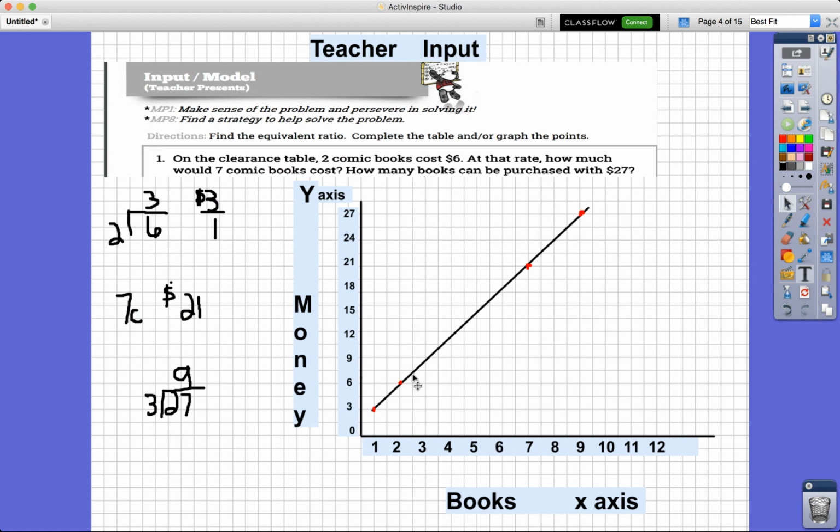These points, they're not vertical or horizontal, they're diagonal, but they all increase. If I were to go to the 3 books, each one would go up by 3 points. Okay, so that is graphing your information once you determine the unit rate and you know what the additional costs would be.